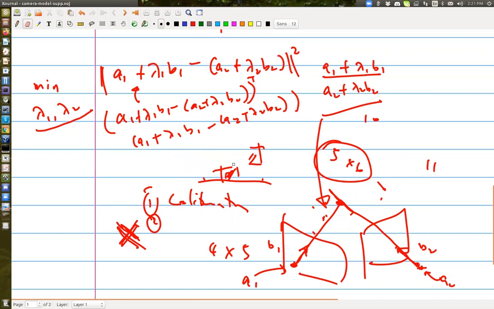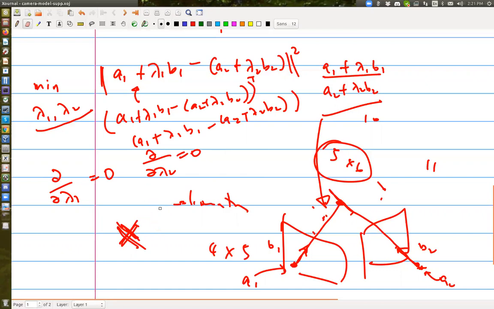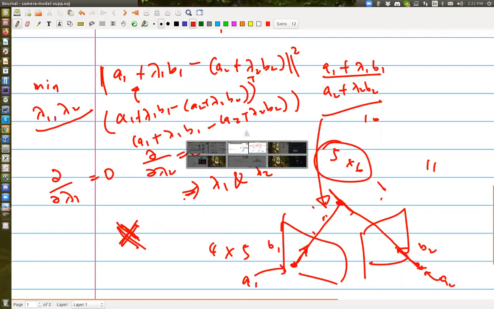To minimize this, as in your first calculus course, you take the partial derivative with respect to lambda 1 and set it to 0, and set the partial derivative with respect to lambda 2 equal to 0. With some algebra, you can solve for lambda 1 and lambda 2. Actually, you can work on that already.